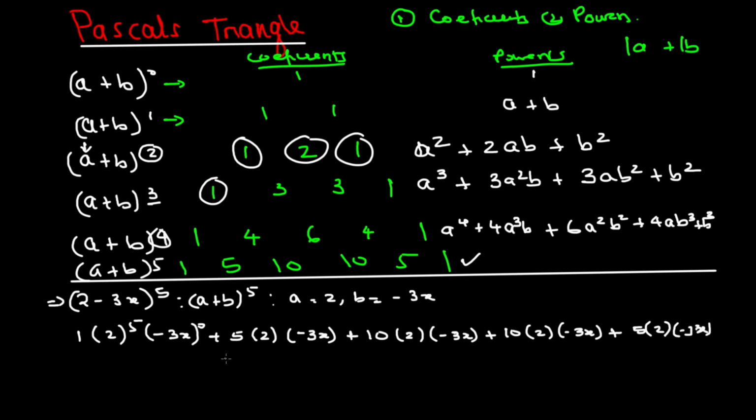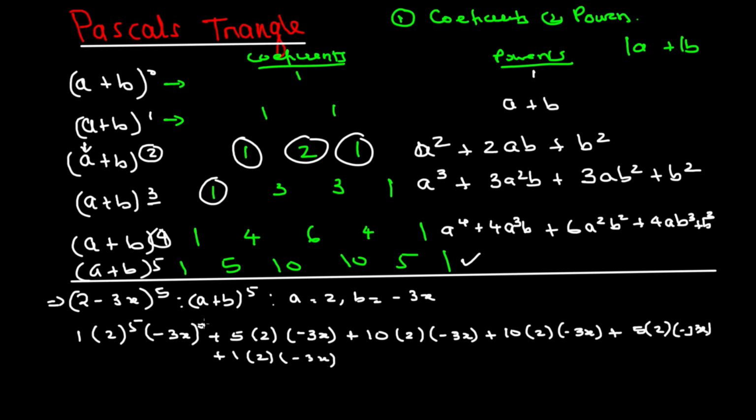Then we put our other term here, which is going to be a 1. And then we put a 2 and a minus 3x. Then we go on and put our powers.